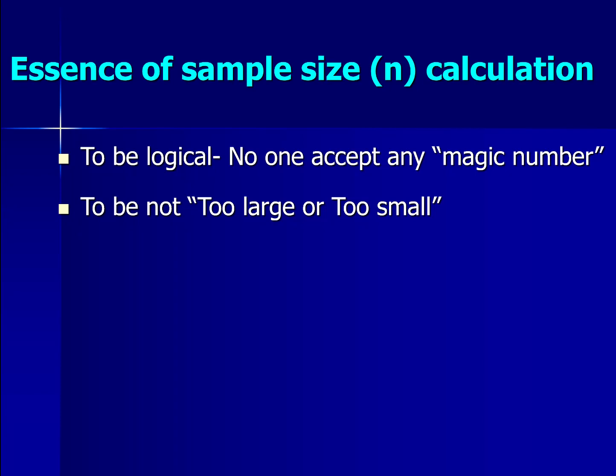And we will not go for too large, because not only the cost, but also we engage too many participants unnecessarily, which is unethical. Or too small, which could lead to inconclusive findings or no answer from that effort. That means we engage participants in the study without any benefit.